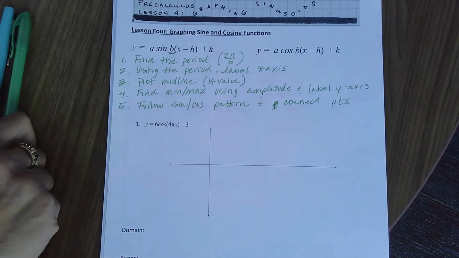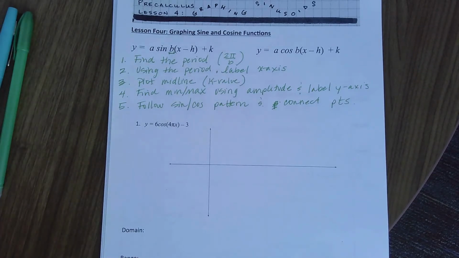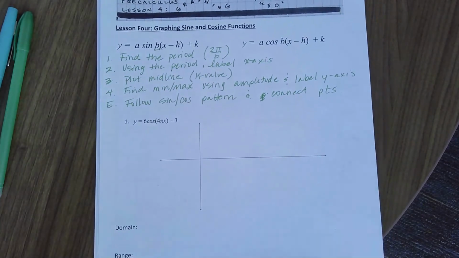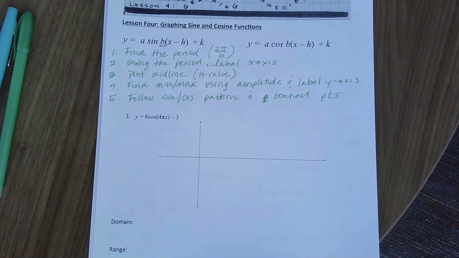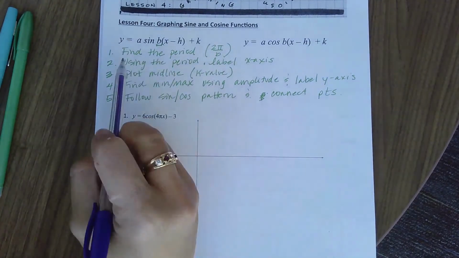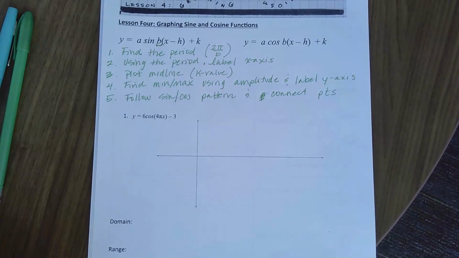For a cosine, it starts at a max, and it goes max, midline, min, midline, max. You can look back at your notes from last year. Graphing sine and cosine are really the same idea. The only thing that changes is where you actually plot your points, and that's pretty much the only step that changes.